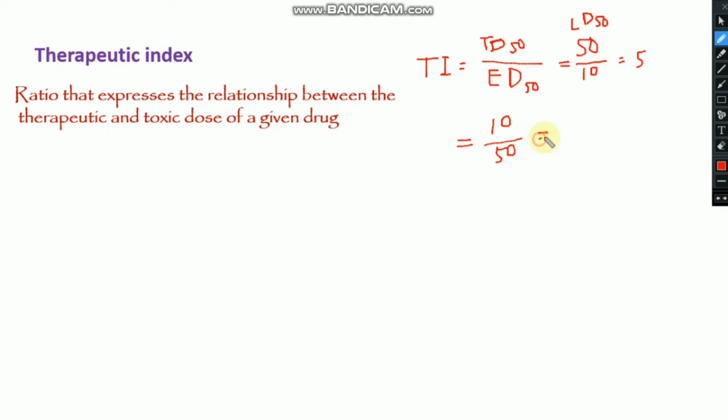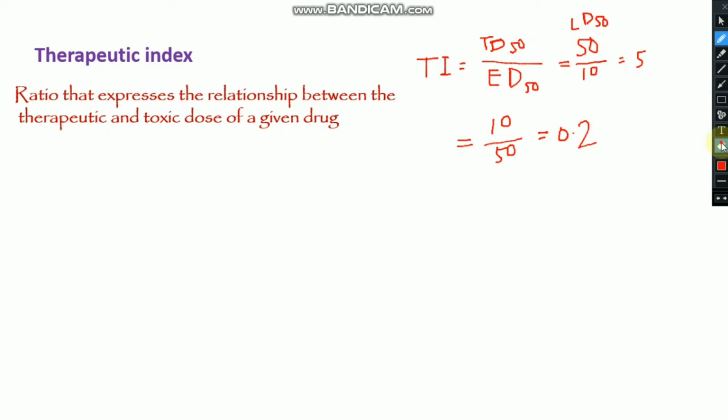So the ratio becomes 0.2. You can see the therapeutic index is very low here. So if it is low, then the drug is very safe to use and the adverse or toxic effect is very low.